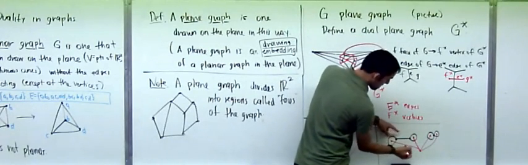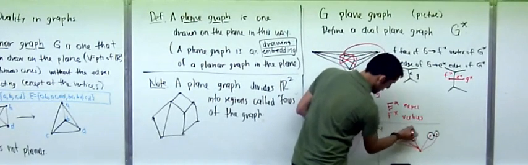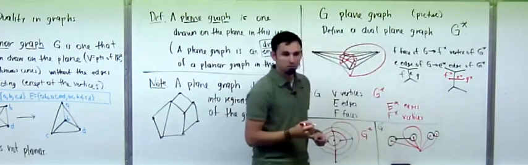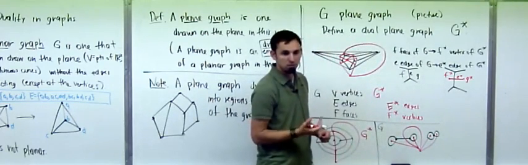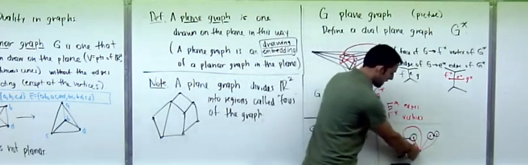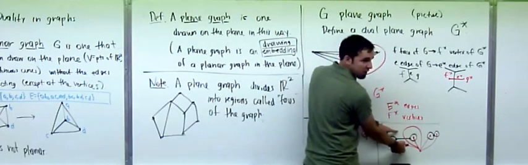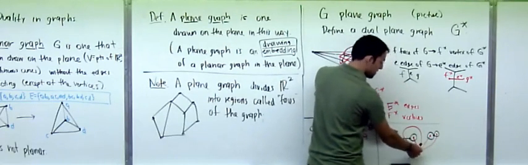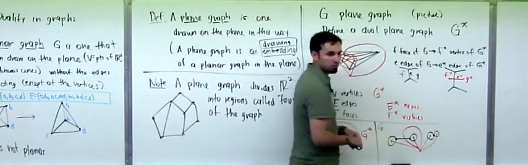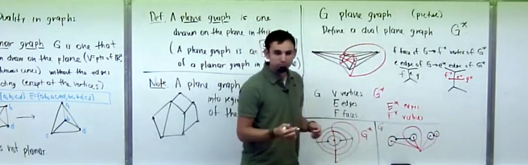So what do I do? Well, I do this. Because I need to draw an edge, I mean, this is a black edge separating 2 countries, which happen to be the same country. So I need to draw an edge from that country to itself that only crosses the black edge. So that's what I have to do.